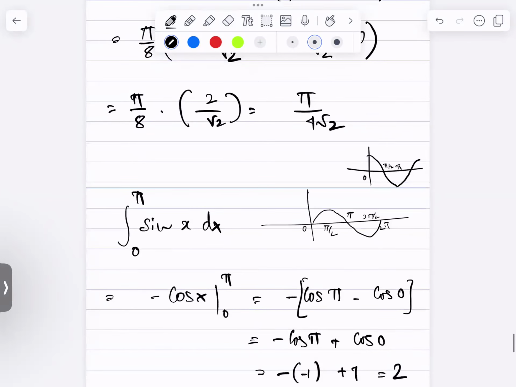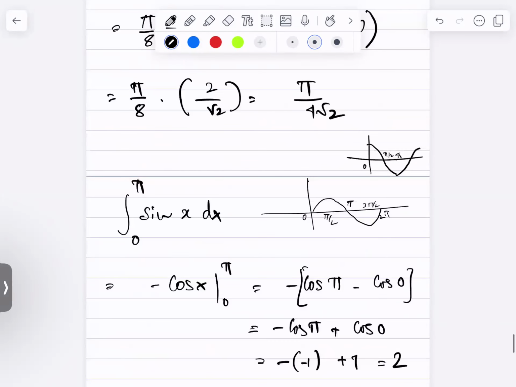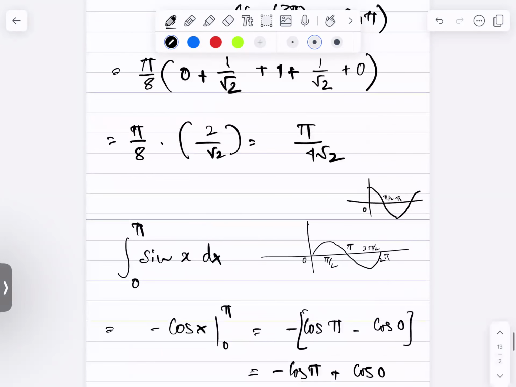So this is 2, but the approximation is approximately 0.55-ish something.